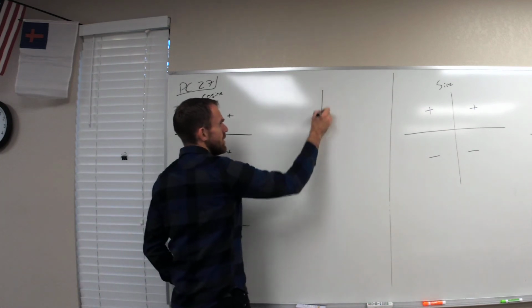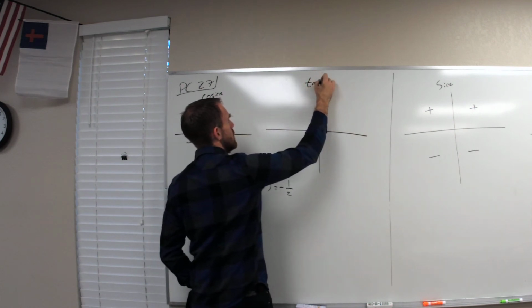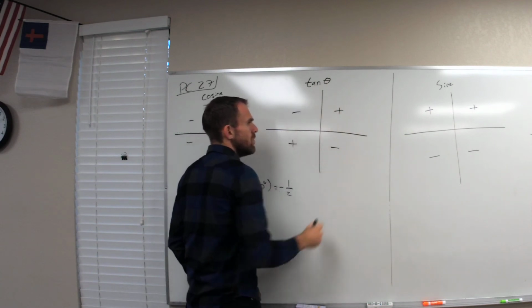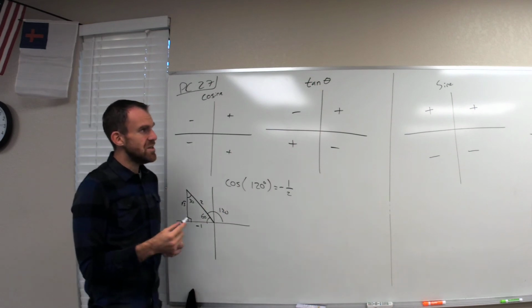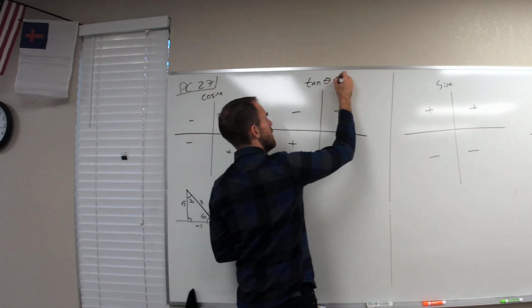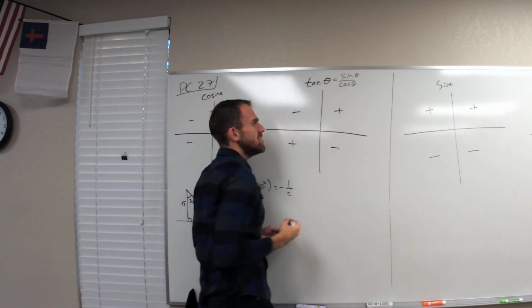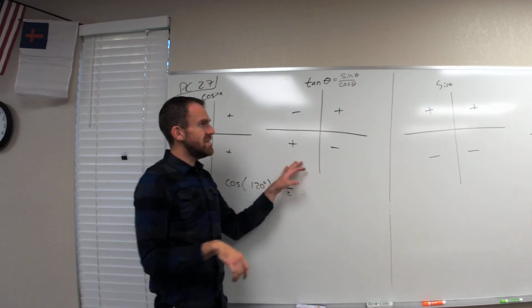Okay, finally, here are the signs that we apply to tangent. Tangent is weird, but we're not surprised. A cool trick about tangent is that it is simply sine over cosine. So if you memorize sine and cosine, you can find tangent.